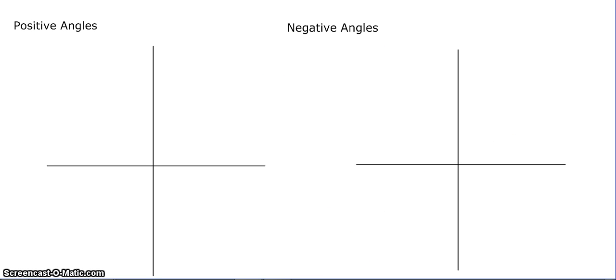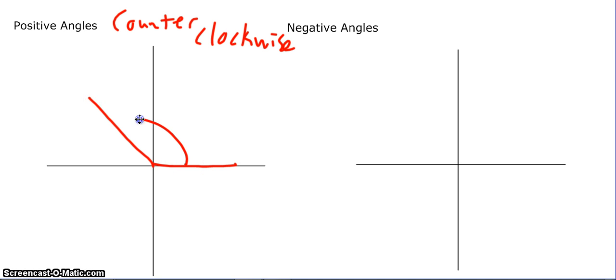Okay, so now let's look at positive and negative angles. So when we draw an angle, we can have many different representations of that same exact angle. So positive angles are measured counterclockwise. So if I draw some angle here, this would be a positive angle, let's say alpha.